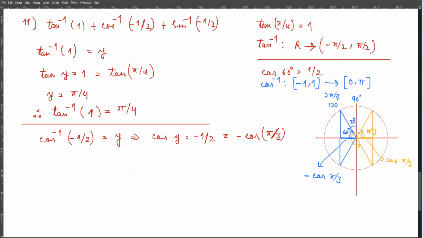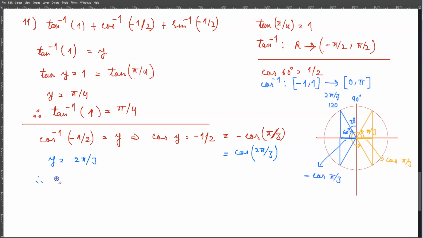Which means that I can write that as the cos of 2 pi by 3, right? And 2 pi by 3 is actually in the range of this function as well. So I can say that y is equal to 2 pi by 3.